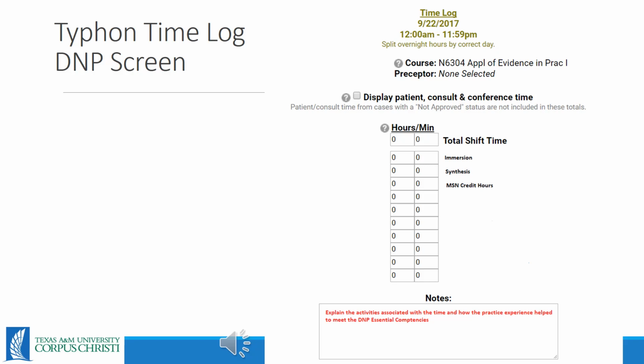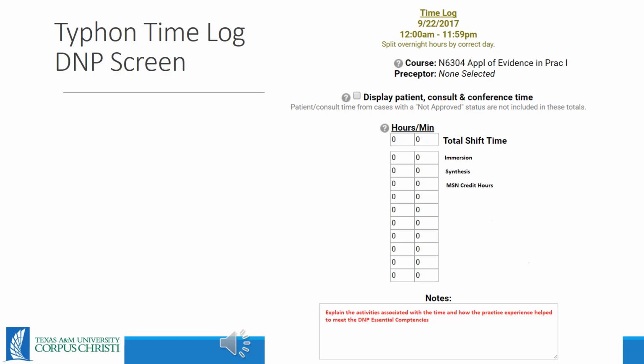In the TAMU-CC DNP TIFIN system, you will be entering your time by course. All of your time will be associated with the course, and you saw that table in the previous slide. Now you will enter your time as either immersion or synthesis. In the total shift time, you'll put the whole time for that day.